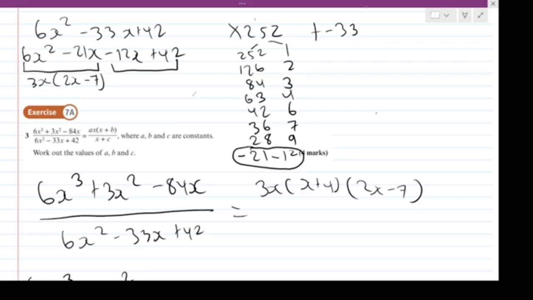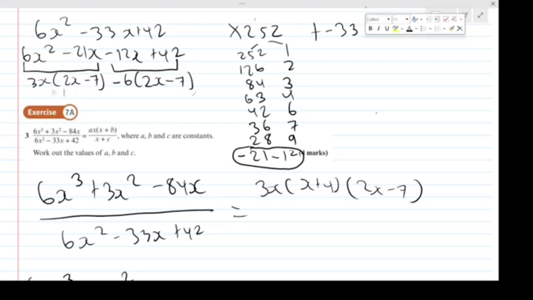Won't be 4. Does 6 go into it? Yeah, 6 goes into it, so I can take out 6, and then that'd be 2x, and again minus 7. There we are. So minus 7 is common to both parts, so I can bring that out to get 2x minus 7, and then 3x minus 6 there.